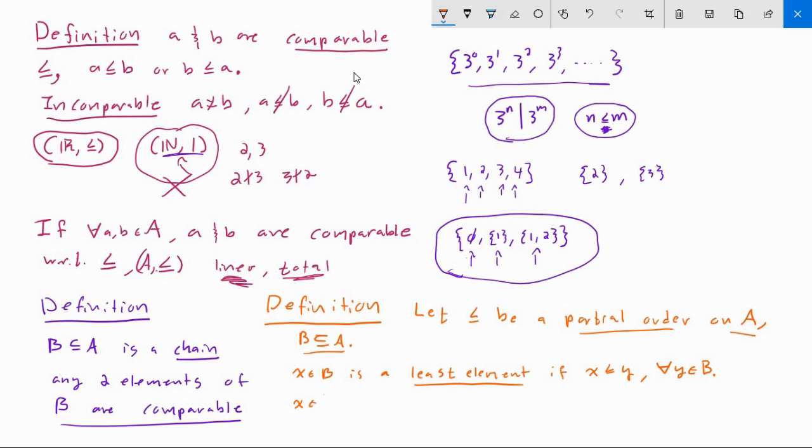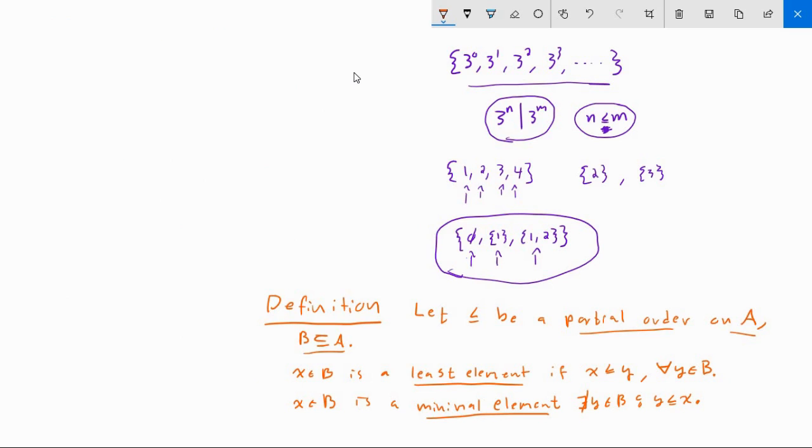And we're going to say that x in B is a minimal element if there does not exist a y in B such that y is less than or equal to x. These may look like they're saying the same thing, but let's return to our situation with looking at the collection of subsets on the set containing the elements 1 to 4.